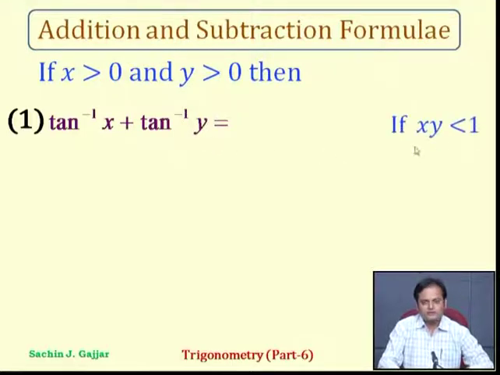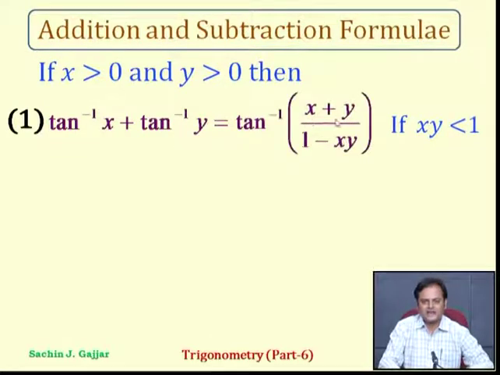So if x into y is less than 1, the product of xy is less than 1, then tan inverse x plus tan inverse y equal to tan inverse x plus y upon 1 minus xy, if xy less than 1. But if xy greater than 1, then what?